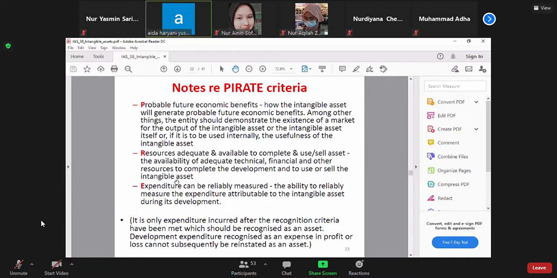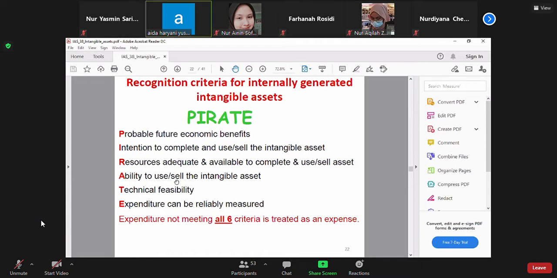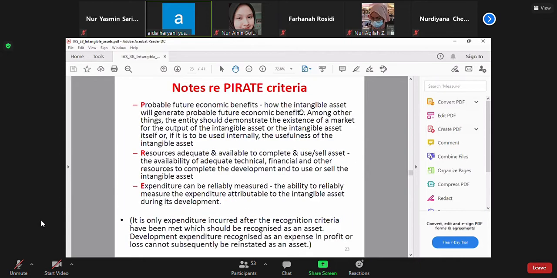For the criteria, the first thing is probable future economic benefits. What does it mean by that? How the intangible asset will generate probable future economic benefits later. For example, the anti-vaccine. Among other things, the entity should demonstrate the existence of a market.